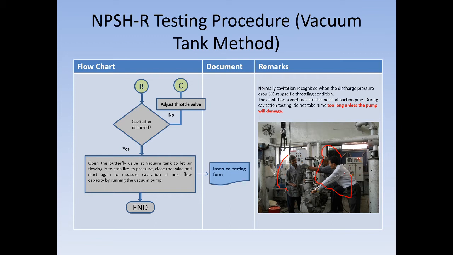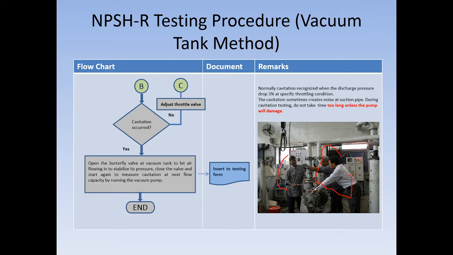Okay. So again, just to repeat, let's say at 100 meter cubic per hour, you test the pump, and you want to know at what condition that 100 meter cubic per hour creates cavitation. That result will be called the NPSH required at that 100 meter cubic per hour for one specific pump.